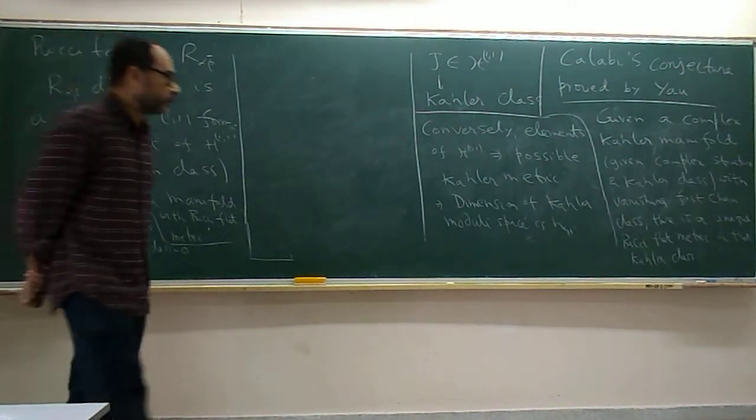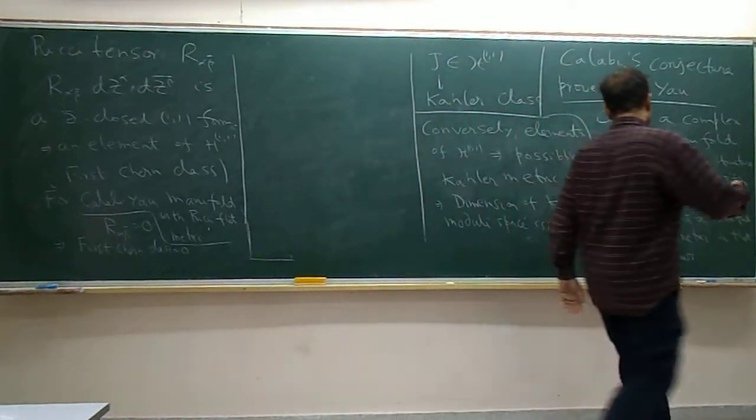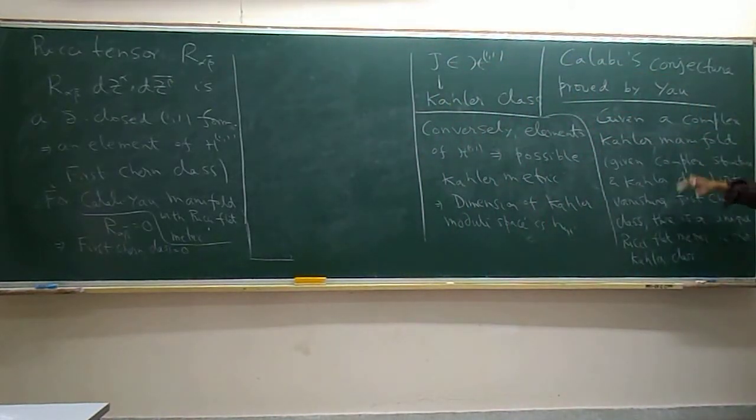So what they showed is that given this scalar class, given a metric in this scalar class, there is a unique Ricci-flat metric that you can find. So, see, the reverse is true.